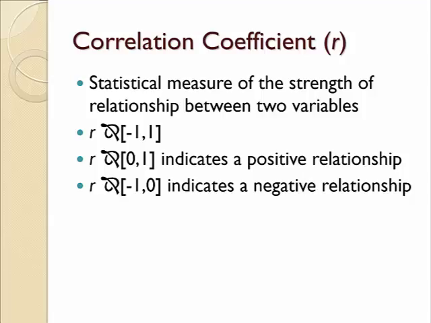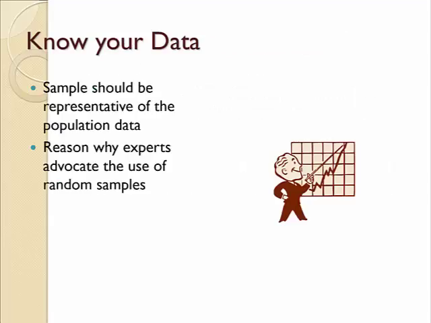Now one of the key learning points from the 3 pictures that we saw earlier is that we should know our data well before drawing any conclusions about the relationship between the variables that we are interested in. The inferences that we drew from the first 2 samples were not consistent with that from the entire data. One reason for that might be that the data may have been sorted in a certain way.